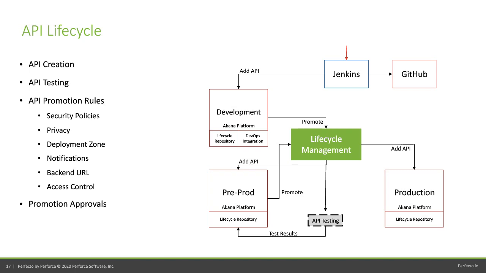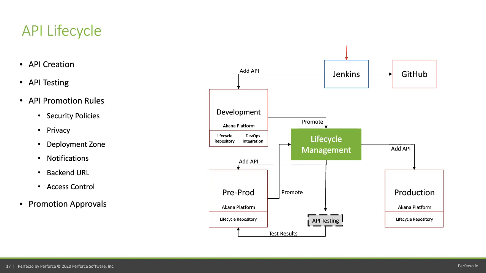So once the notification or the workflow is triggered by the lifecycle coordinator, the Perfecto system can perform all the desired testing, be it load testing or stress testing, performance testing, security testing, and functional testing. When the testing is completed, the Perfecto system can deposit back the test results into the Akana pre-prod environment.